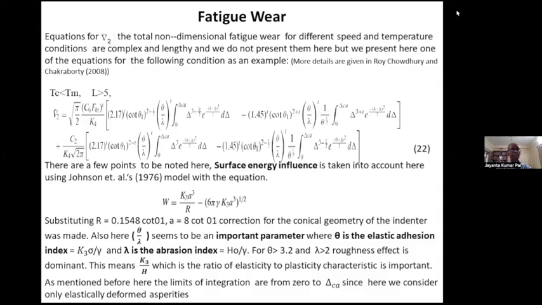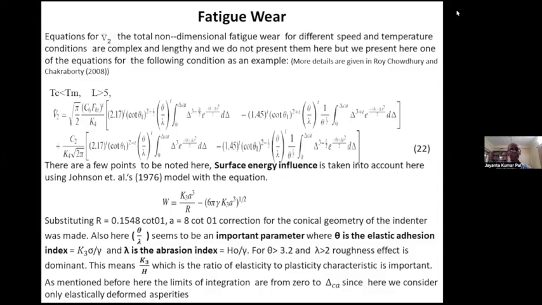So this is a high speed, low temperature situation where total of fatigue wear V2 bar, non-dimensional fatigue wear, is given by equation 22. Now, this is a complex equation, and 3 more equations are available in the paper noted. Now, there are a few points to be noted here.